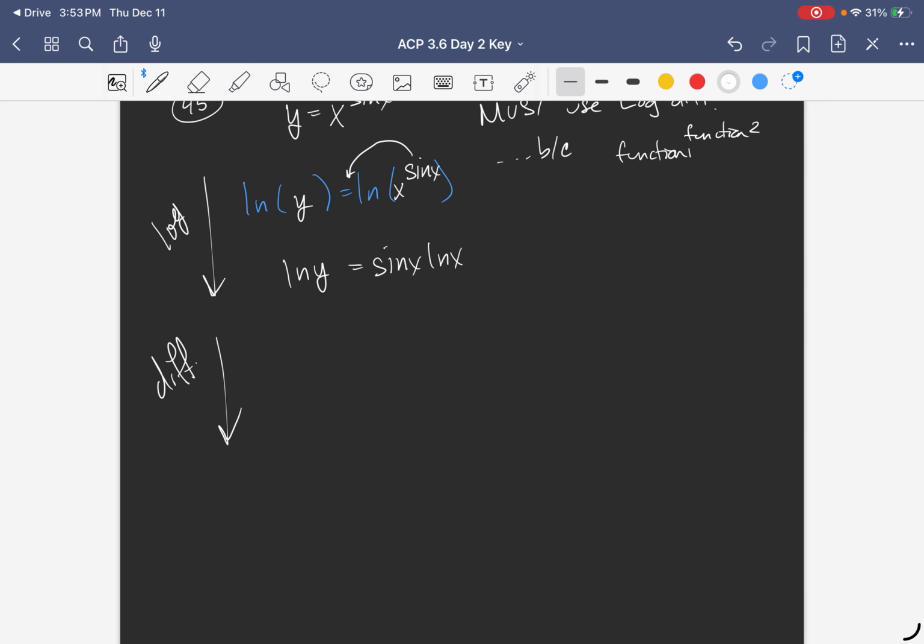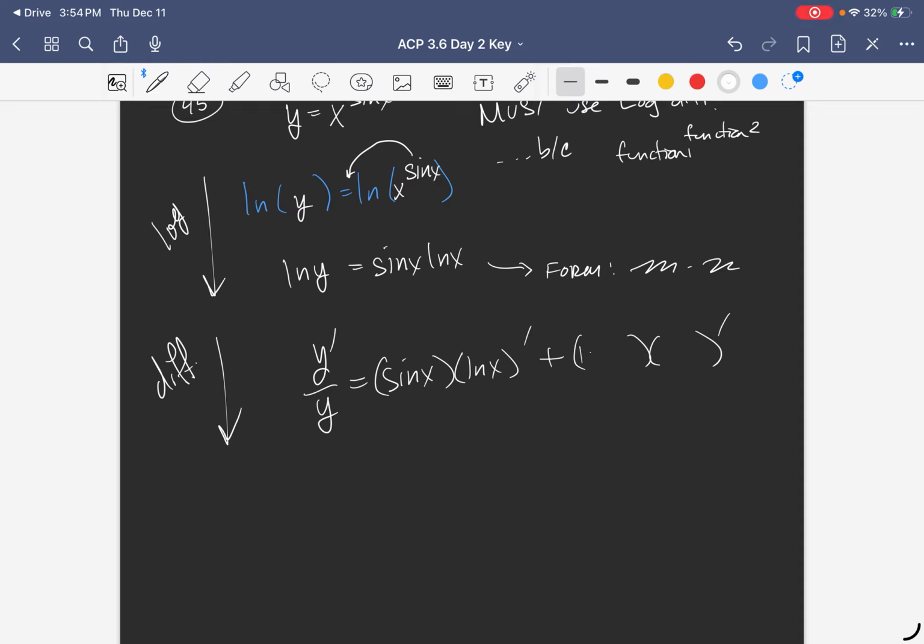So if I differentiate on the left, I get y prime over y. And over here, the form of this thing is stuff times stuff. So I take the first times the derivative of the second plus the second times the derivative of the first.